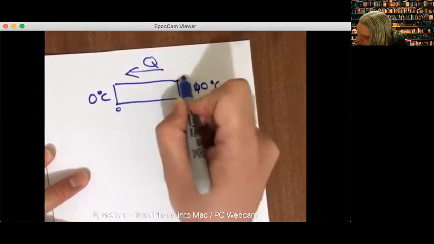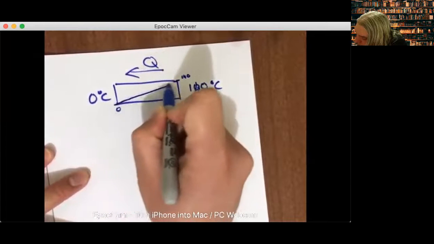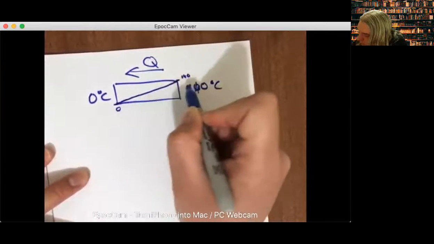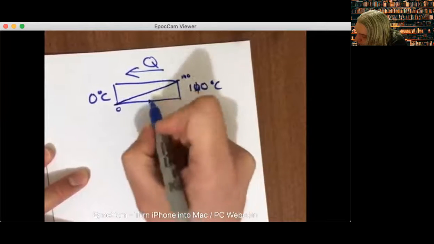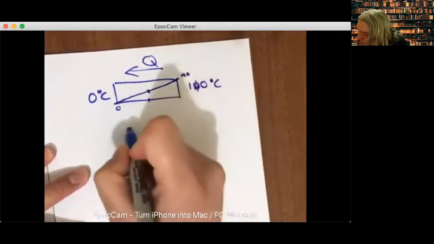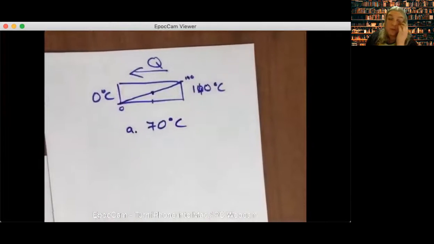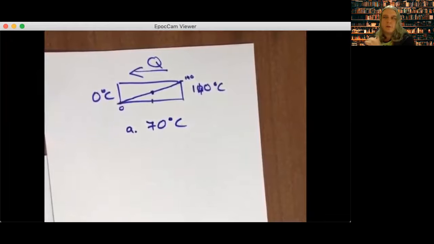At this end we're at 140, at this end we're at 0, and it would just be a straight line because this bar is completely uniform. And so if you go exactly halfway along, then that would mean that you're exactly halfway up. So you should be at 70 degrees Celsius halfway along the bar, because we're assuming that that bar is nice and uniform. We've been told that it's 5 centimeters square area, 40 centimeters long. Everything there seems to indicate that it's a nice uniform bar.